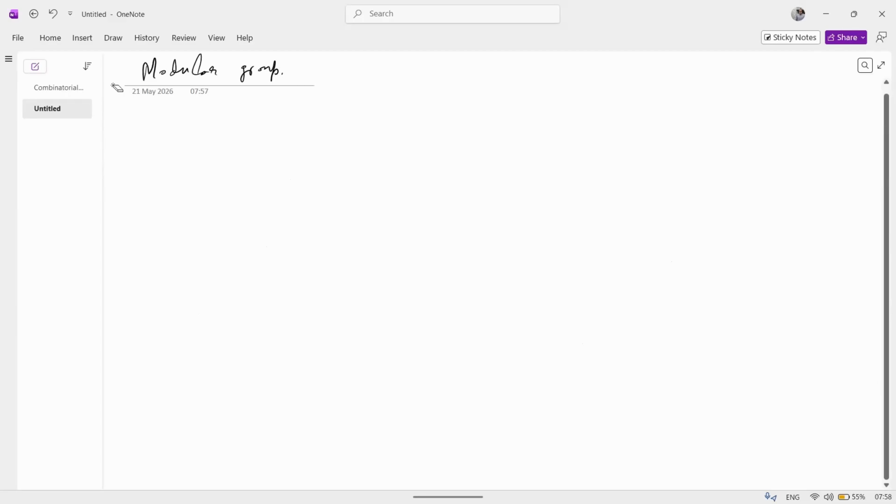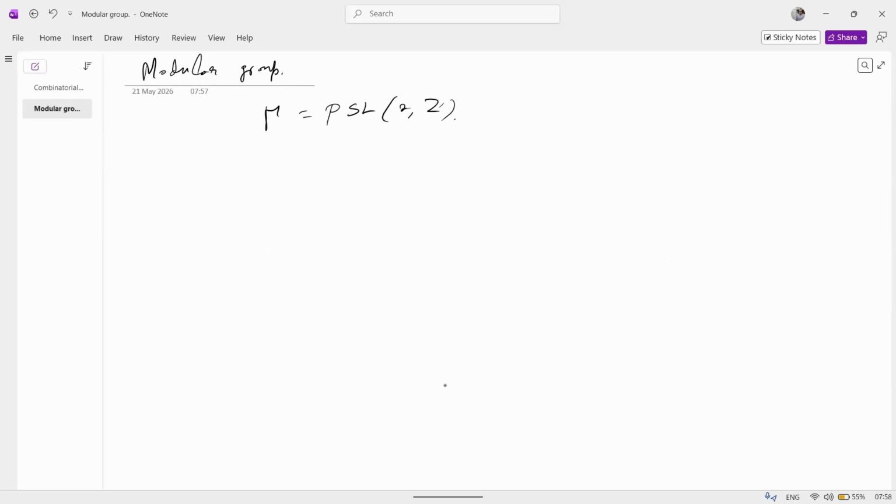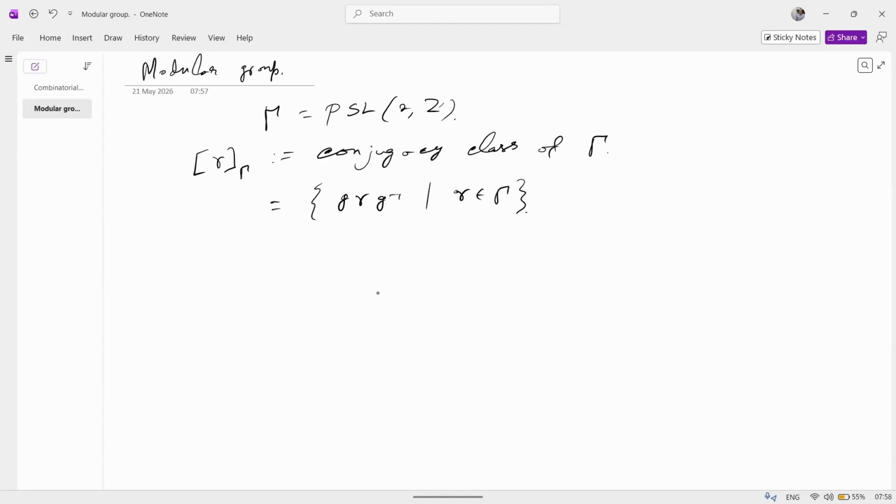So I take gamma to be PSL2Z, and by this I denote the conjugacy class of gamma. That means this is the set of elements which are conjugate to gamma.